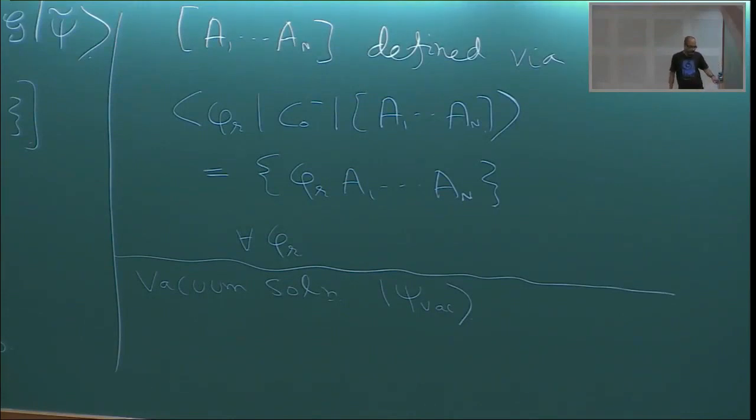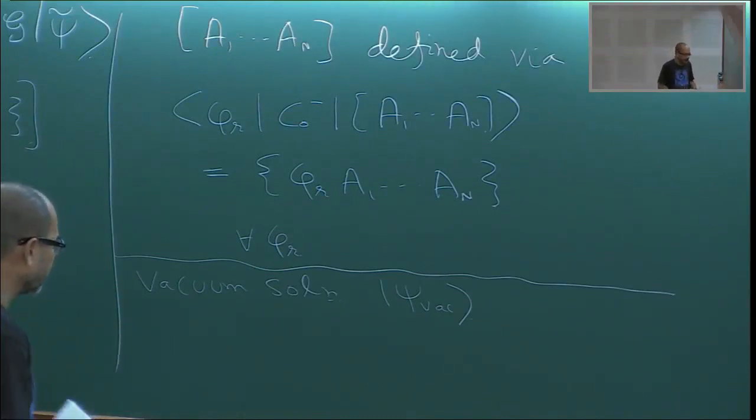But that is not true because this sum over here starts from 0 to infinity. So the n equal to 0 term is a constant piece. So psi equal to 0 and psi tilde equal to 0 is not a solution to this set of equations, because there is a non-zero contribution from here. So you really have to look for the vacuum solution.